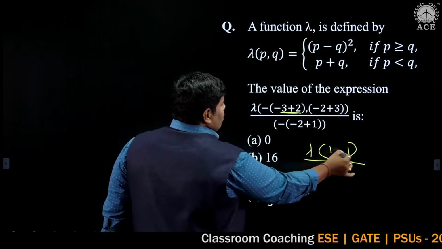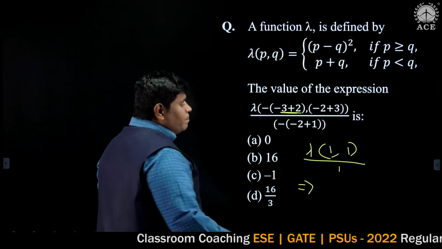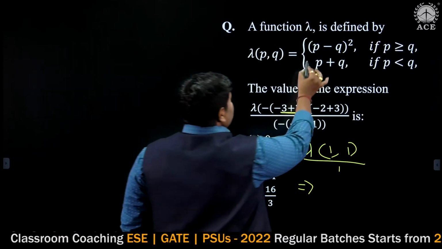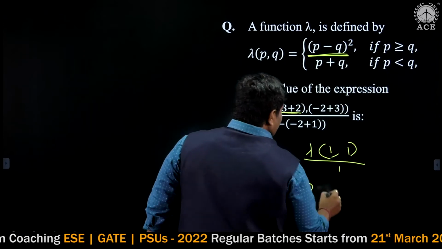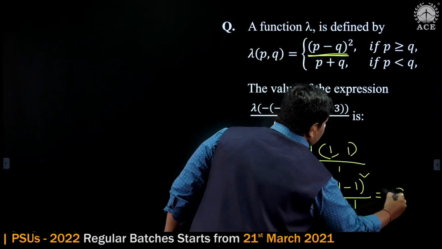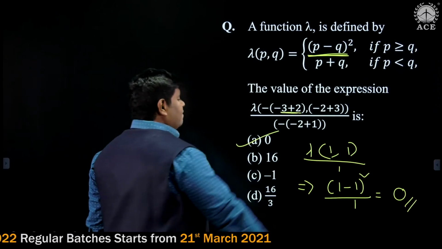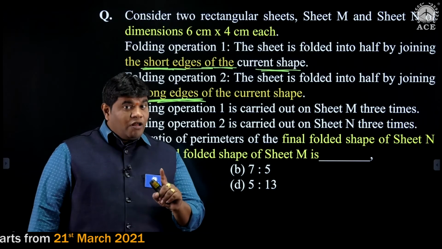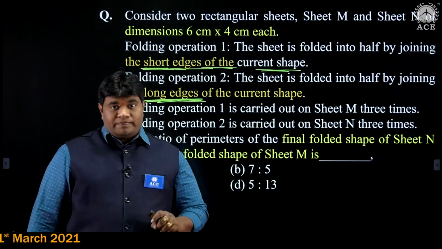So lambda of 1, 1. 1, 1 means the p and q values are equal. Then what is the condition? p minus q whole square, so (1 minus 1) whole square upon 1. So what is the answer? 0. Completed.